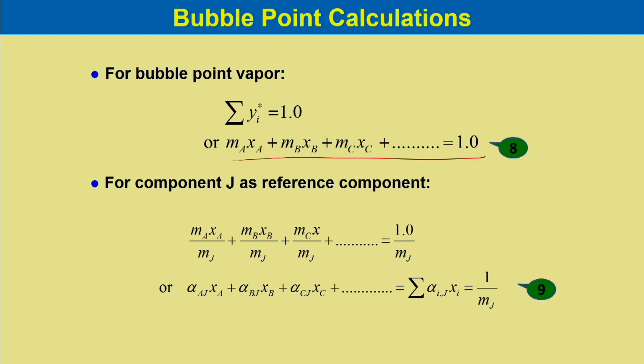Now, mA by mj is nothing but alpha Aj, that is the relative volatility of component A with respect to j. So, similarly we can write alpha Aj xA plus alpha Bj xB plus alpha Cj xC and so on. So, this we can write as summation over alpha ij into xi would be equal to 1 by mj. So, this is equation 9.